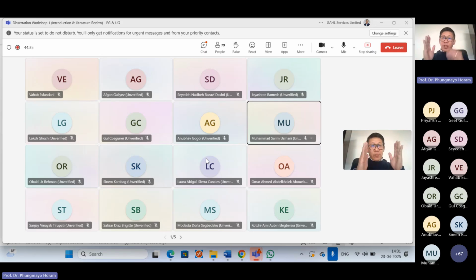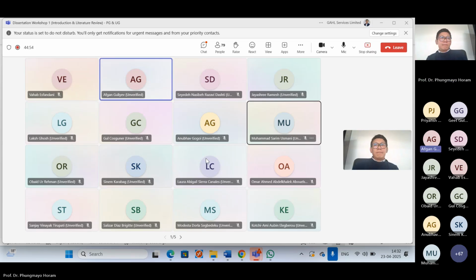So the first part is the science, and the second part is the specific area, the field, the sector, the industry, the case study you are interested in. Did that answer your question, Mohammed? Okay.